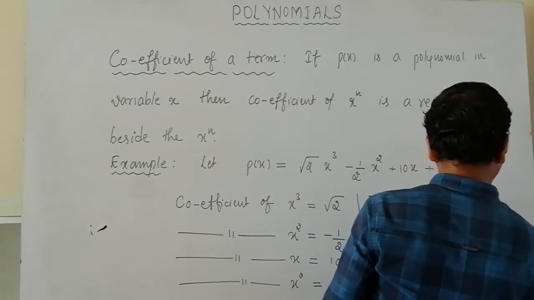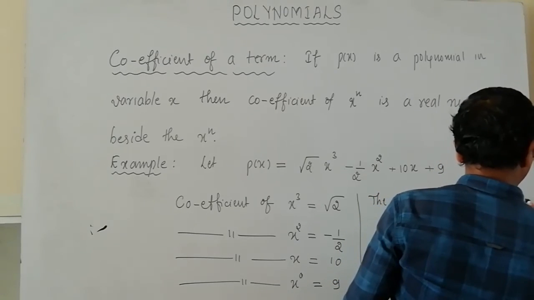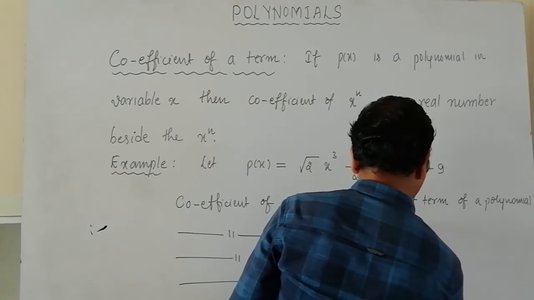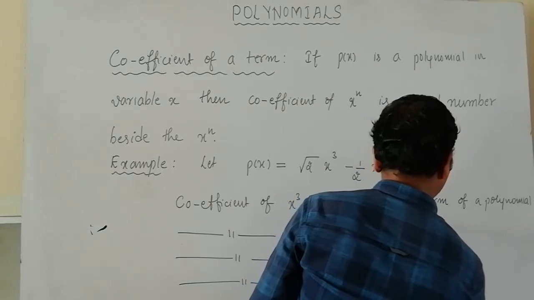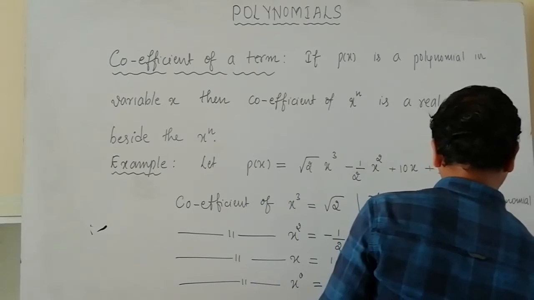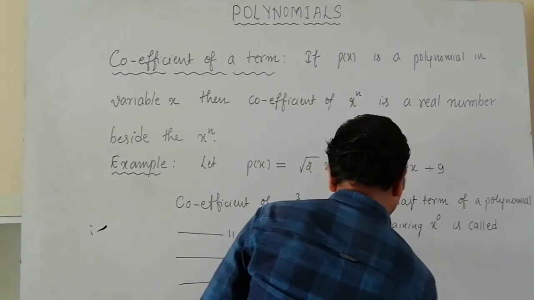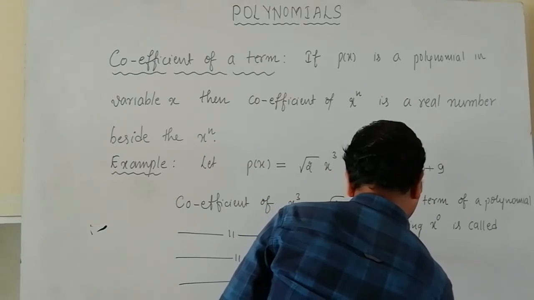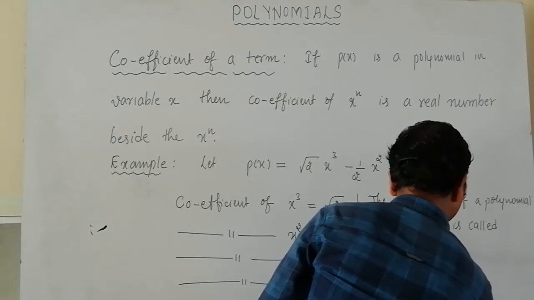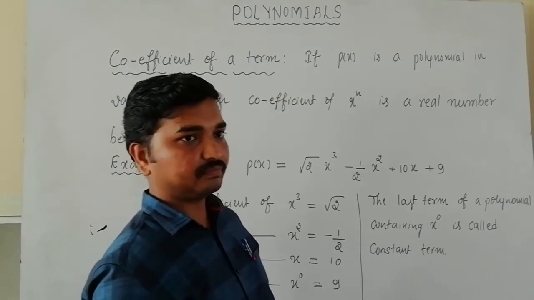The last term of a polynomial containing x power 0 is called constant term, or sometimes it is just called a constant.